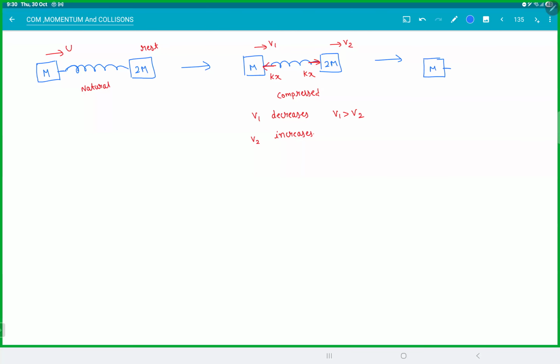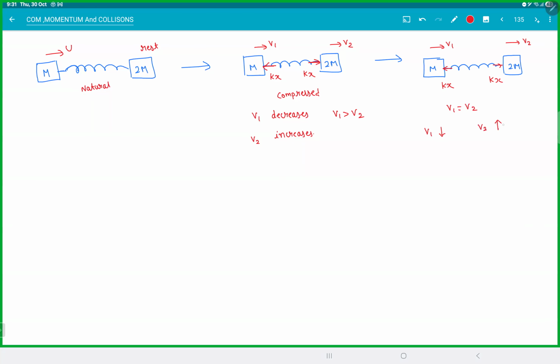At some point, as V1 is decreasing and V2 is increasing, both the velocities become equal. V1 becomes equal to V2. But still, if you observe, Kx is pushing backward, so V1 is decreasing and V2 is still increasing.